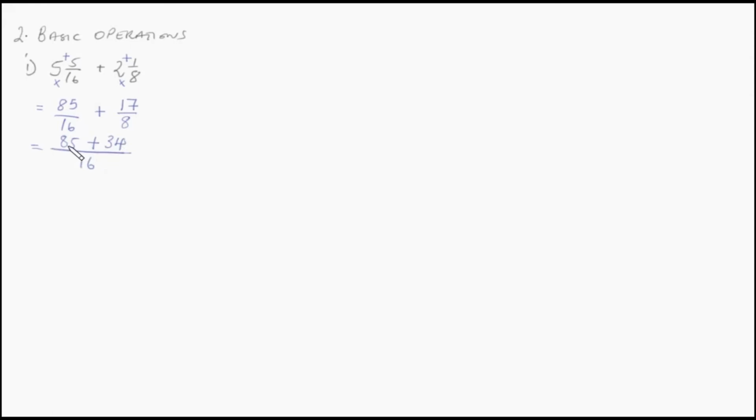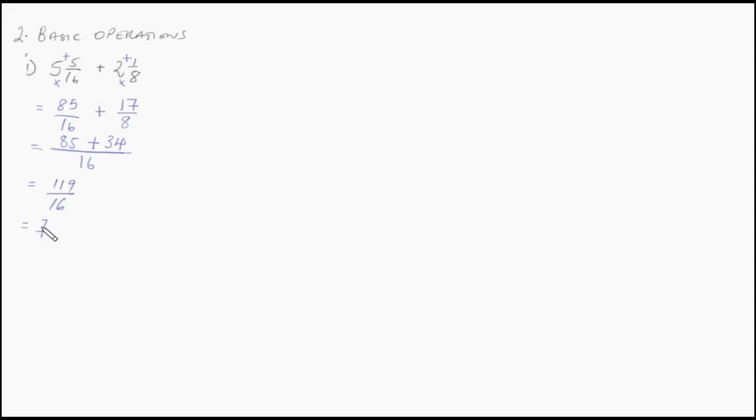Now we have this fraction. Let's simplify it. We are going to say 85 plus 34, and we get 119, then over 16. Then we can simplify this. So 16 into 119 goes 7 times.